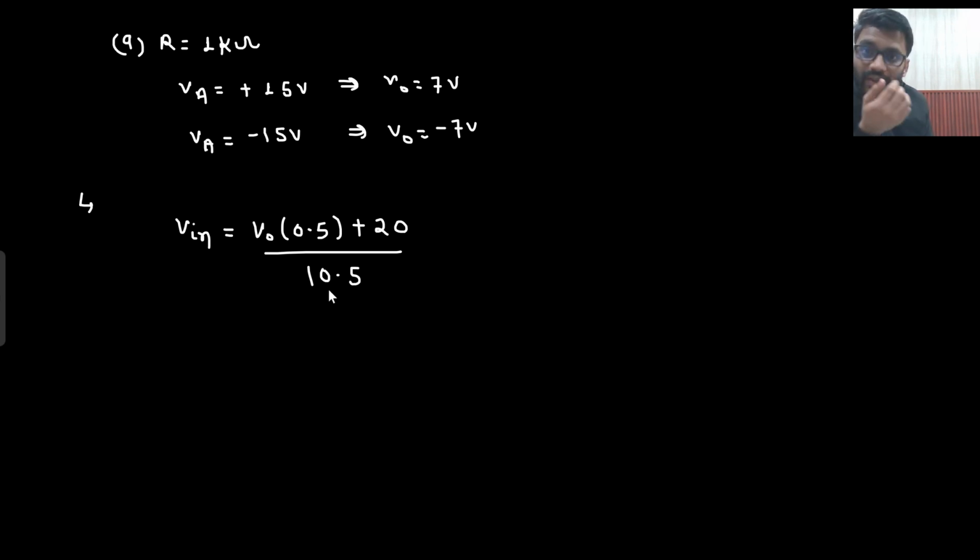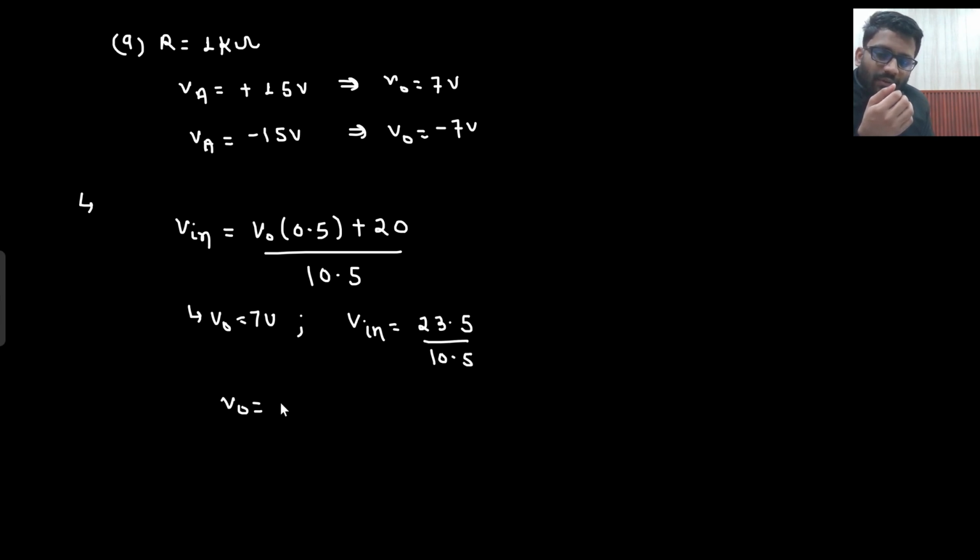First I put V naught equal to 7 volt. For 7 volt, what value of V in am I getting? 7 into 0.5 is 3.5, 3.5 plus 20 is 23.5, divided by 10.5.